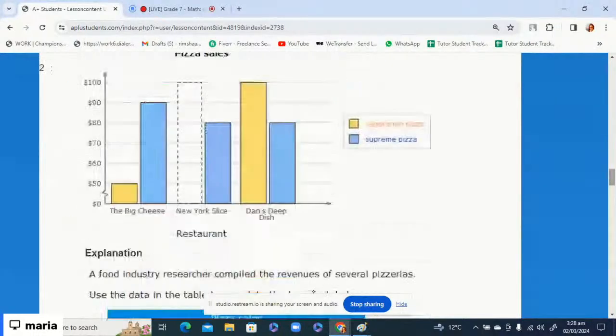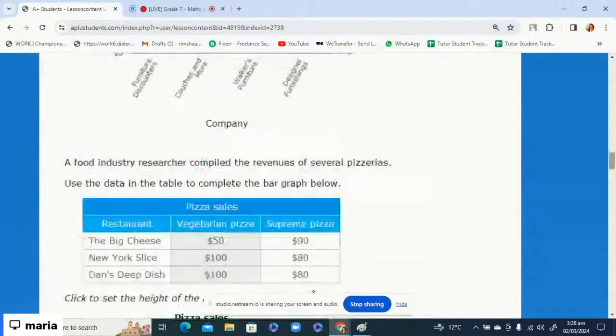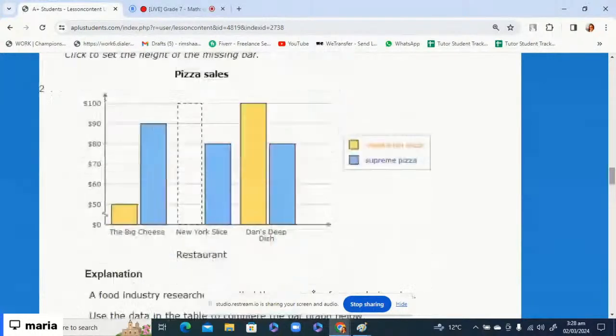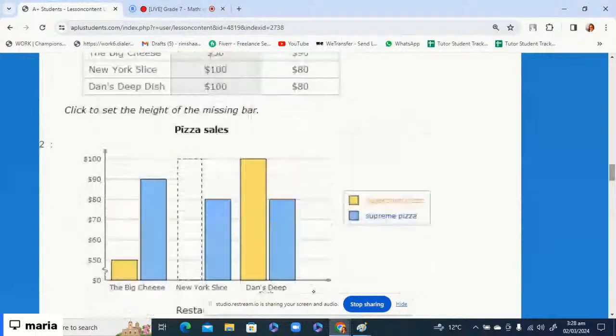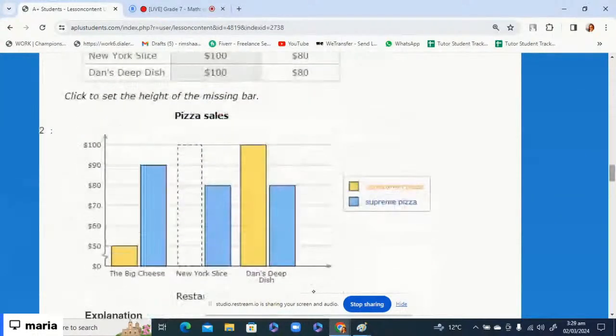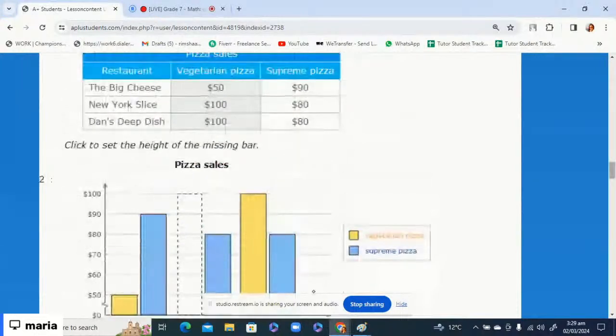Let's check all is given. For the Big Cheese vegetarian pizza, first, vegetarian pizza is shown in yellow, and supreme pizza is shown in blue. So let's check for vegetarian pizza. For the first one, it's 50. Yes, it's 50.